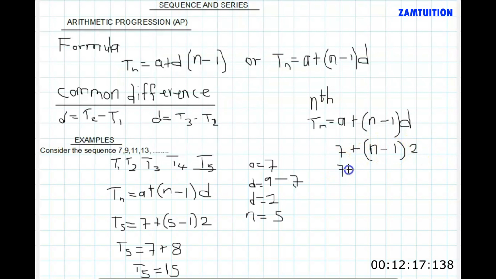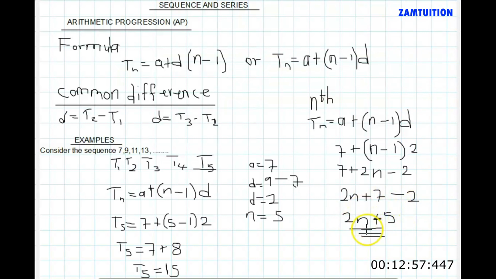So 7 plus 2 multiplied by n is 2n, minus 2 multiplied by 1 is 2. Then we group the like terms: 2n plus 7 minus 2, it is 2n plus 5.